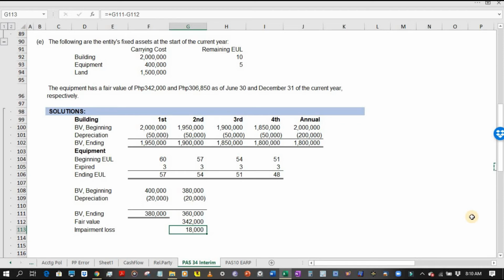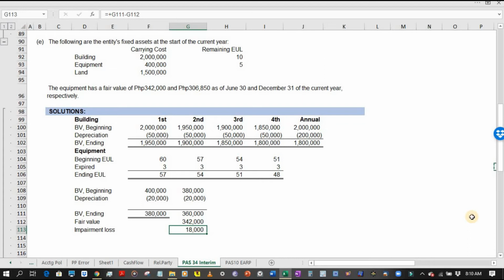So in the first quarter, the depreciation expense that will appear is 20,000 pesos. Then in the statement of financial position, at the end of the first quarter, the equipment will have a book value of 380,000 pesos. Then for the second quarter income statement, the nominal accounts related to the equipment include the depreciation expense, which is 20,000 pesos, and an additional impairment loss of 18,000 pesos.